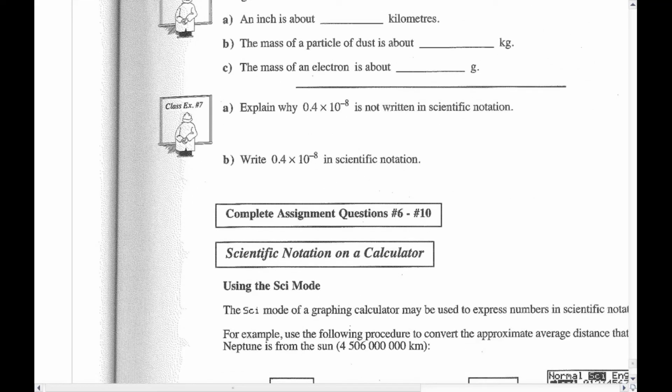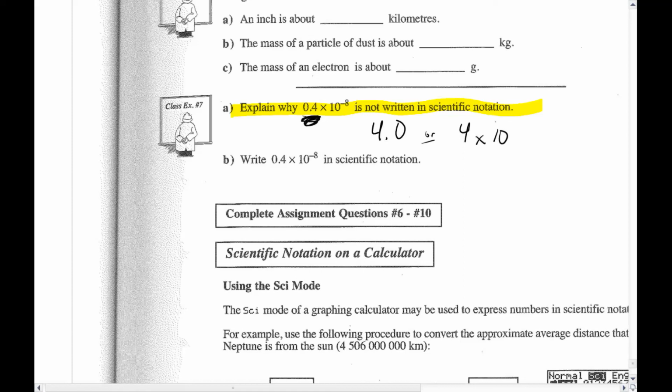Okay, so the next question is, explain why 0.4 times 10 to the negative 8 is not written in scientific notation. It looks like it is, but you have to be careful here because it is 0.4, and we always want the decimal to be behind the first digit. 4.0 or just 4 times 10.